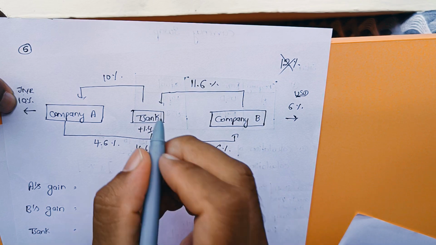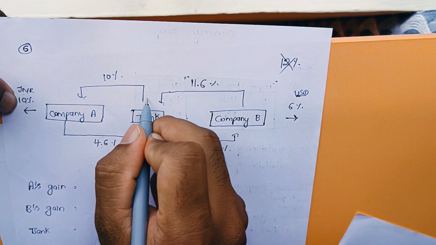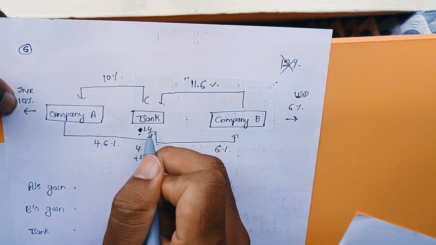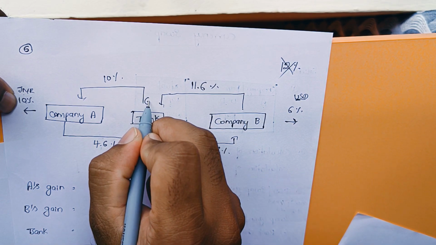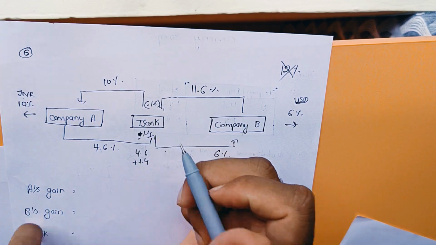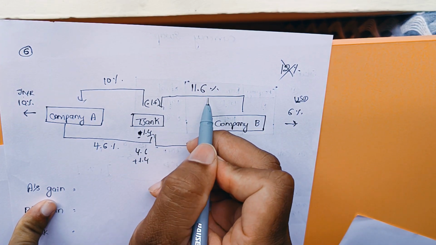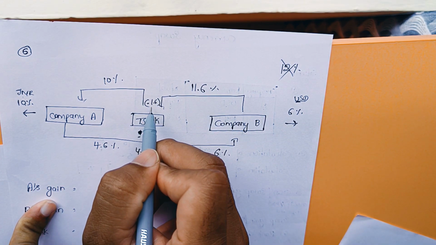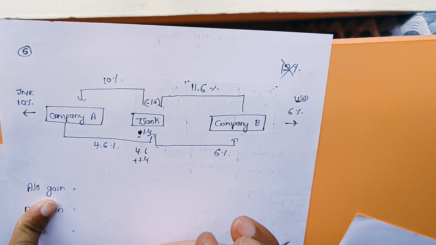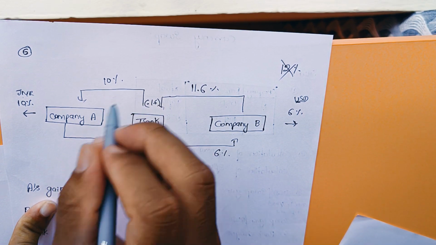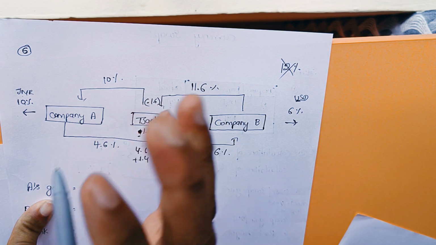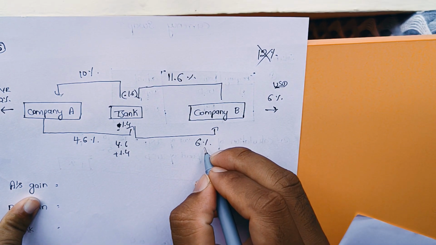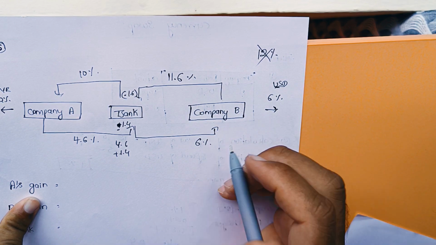Then the remaining, the bank will keep with itself, 1.6. Then it will pay 10%. Outflow is 10, inflow is 10. It is matched. Then for company B, outflow is 6, inflow is 6.